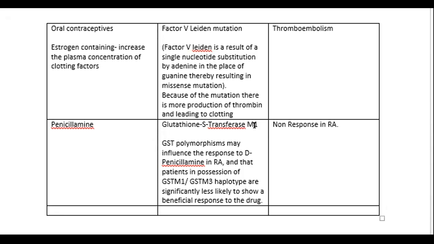These penicillamines have a response with that of the glutathione S transferase. Generally, if the patients present with the glutathione S transferase M1 or the glutathione S transferase M3 polymorphisms, then while performing clinical trials, we have seen that those patients have no response, or they respond less to penicillamine while treating rheumatoid arthritis.